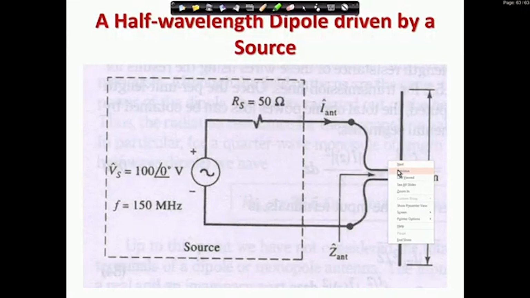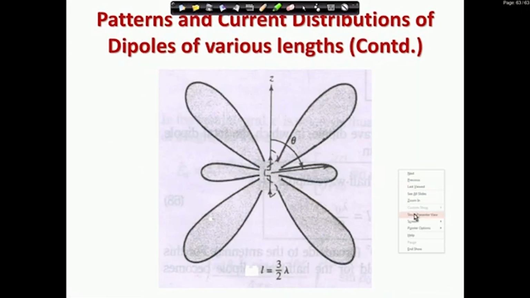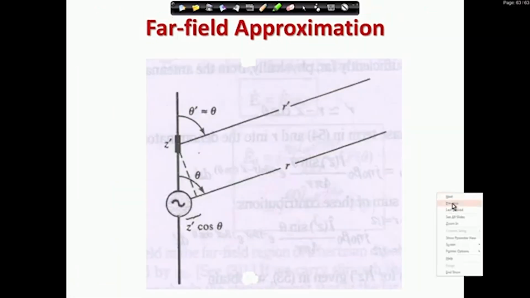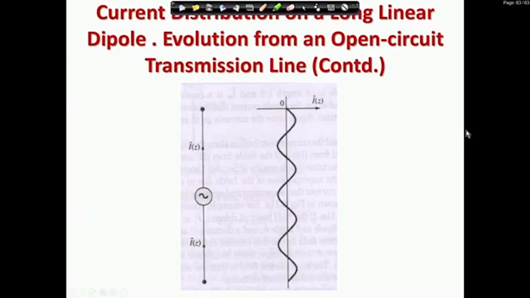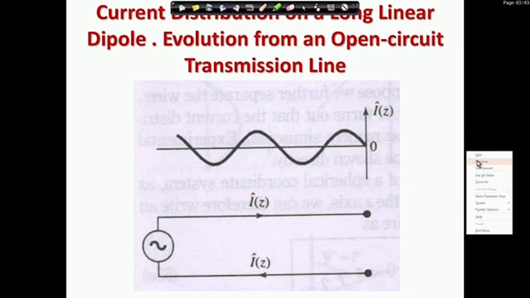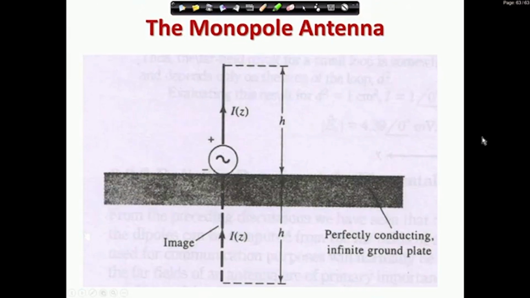So, if we see the monopole with a ground plane, for analysis we can think that by applying image theory it is just like a dipole without this ground plane.